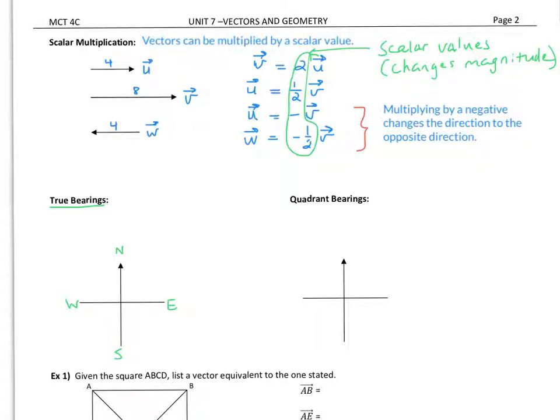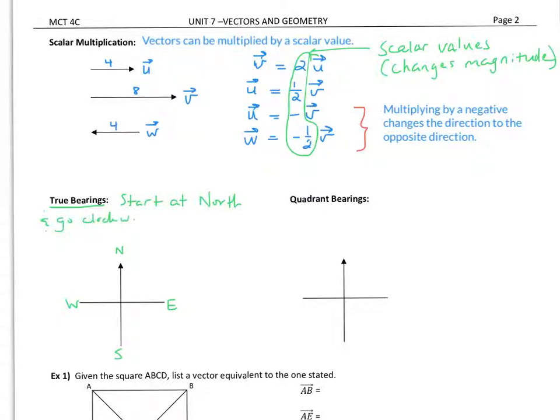North usually points up. To graph a true bearing, you start at north and you move in the clockwise direction that many degrees.